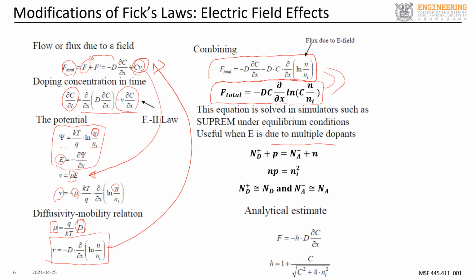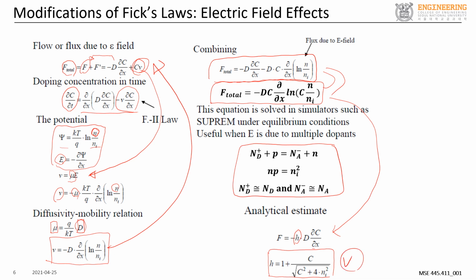And then using these relationships, you can find the approximate value for this new flux, which has the electric field term. And it turns out that you can approximate the above equation using H, where H is represented by this one.